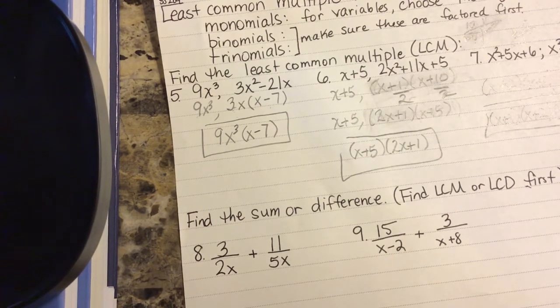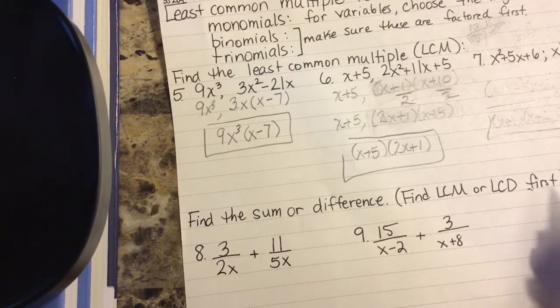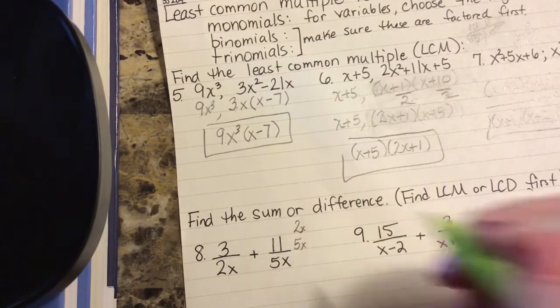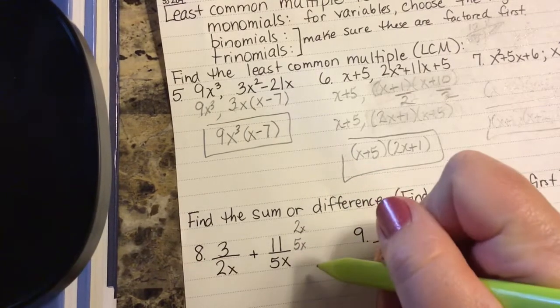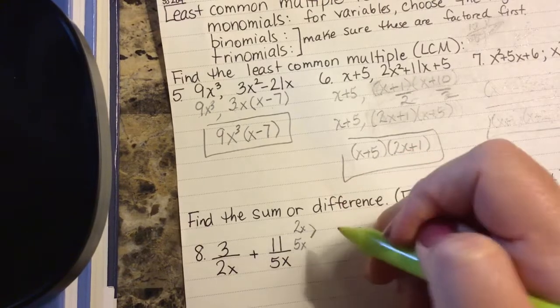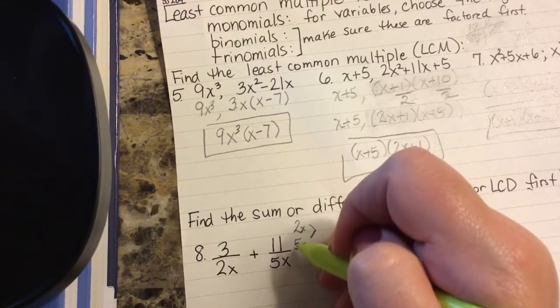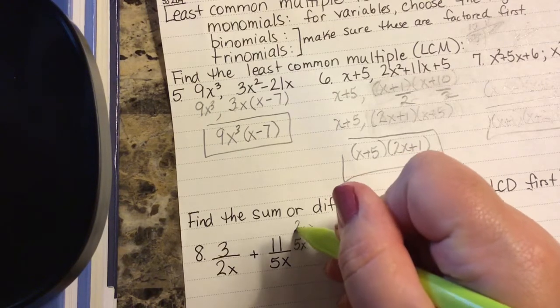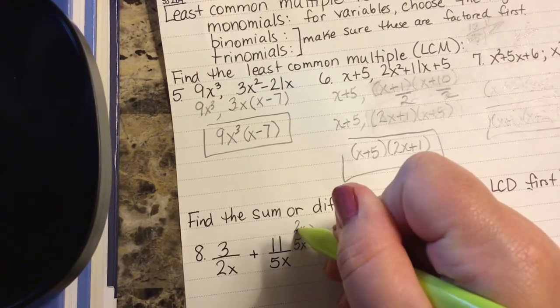So the common denominator, when I look at this, I have 2x and 5x. I'm going to put 2x and 5x here. They're both monomials, so the least common multiple, the largest number that both of these will divide into, or you can think about multiples, 2, 4, 6, 8, 10, 12, 14, 16.